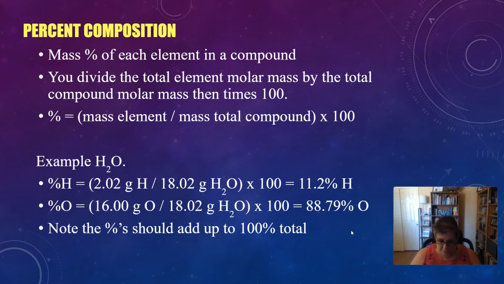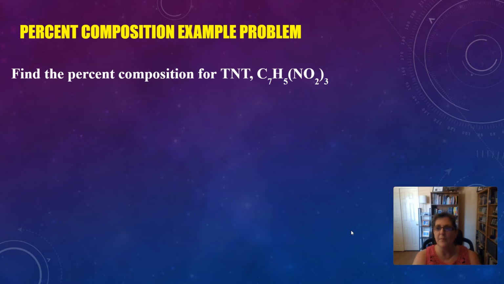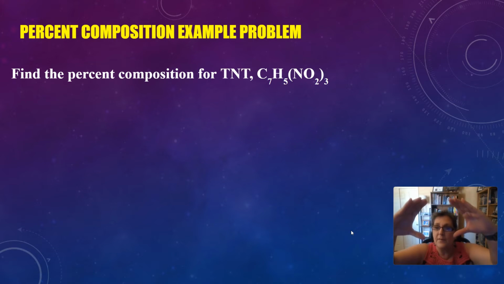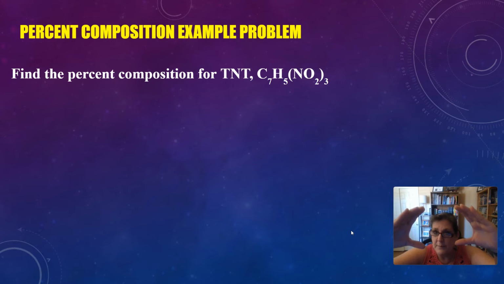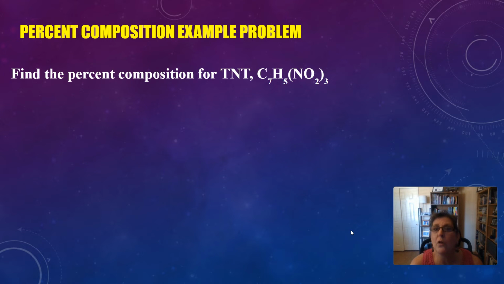All right, now it's your turn to do an example with something a little more complex. We're going to do the percent composition for TNT, that's dynamite. C7H5(NO2)3. First thing you need to do is add up the total mass of TNT.